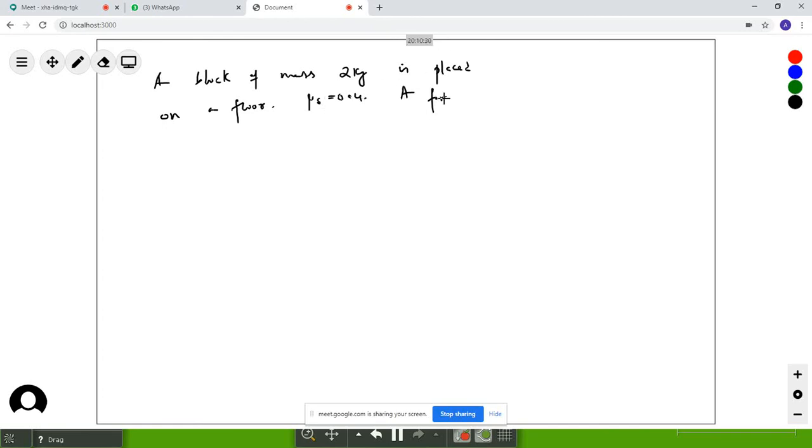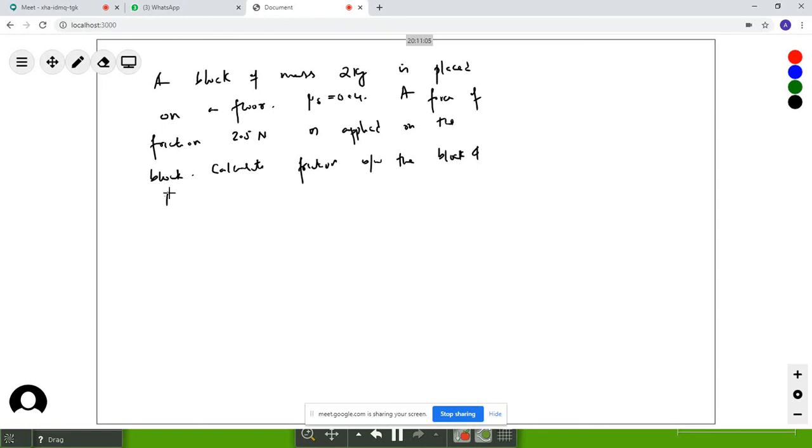A force of 2.5 Newton is applied on the block. Calculate the friction between the block and the floor.